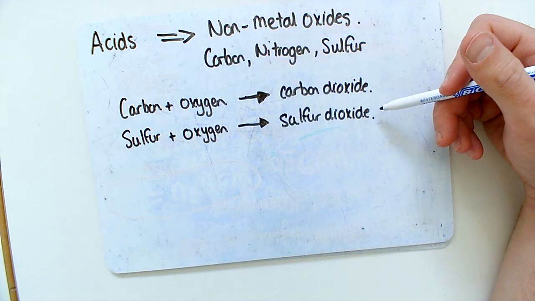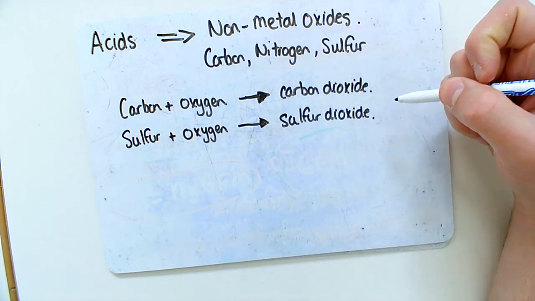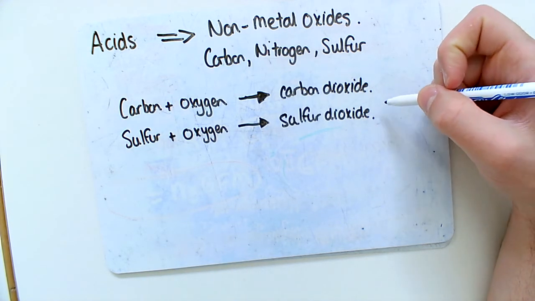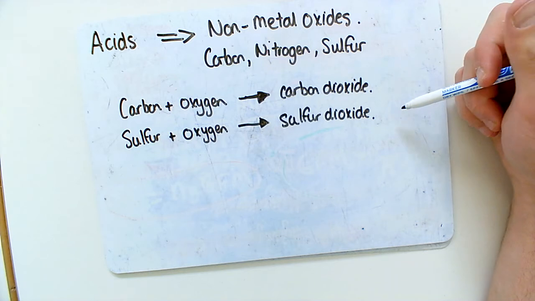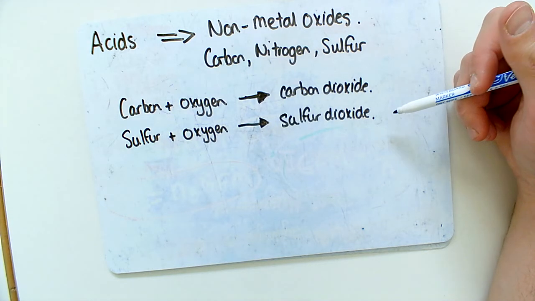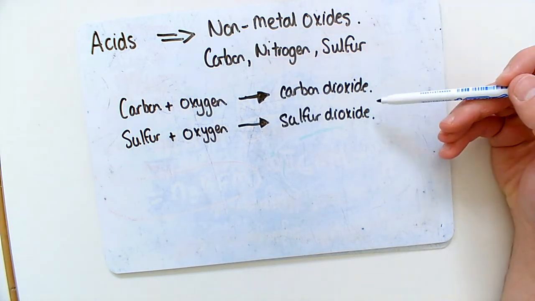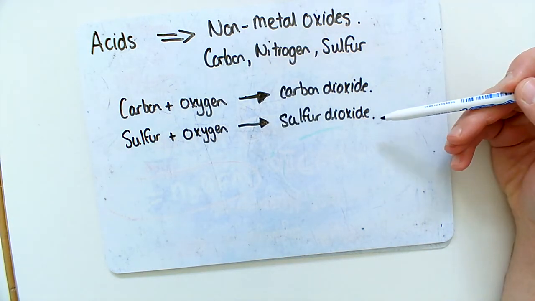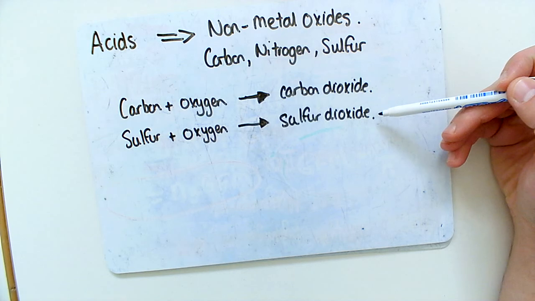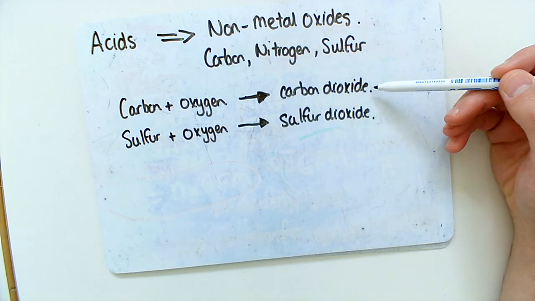Lots of fossil fuels have a little bit of sulfur in them, but the main source of sulfur dioxide is actually volcanoes, so the gas is given off by volcanoes. Sulfur dioxide is quite a natural non-metal oxide. Carbon dioxide is natural, but fossil fuels give the most carbon dioxide into the atmosphere.